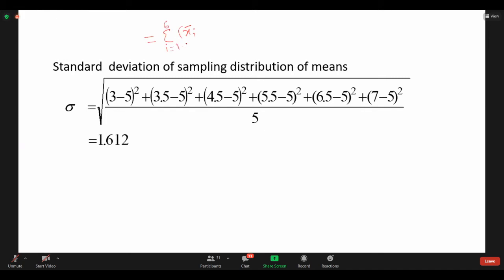Summation i equals 1 to n, xi bar minus mu suffix x bar whole square by n minus 1. First, all of you find out the summation of x bar minus mu x bar whole square. After that we can get sigma.